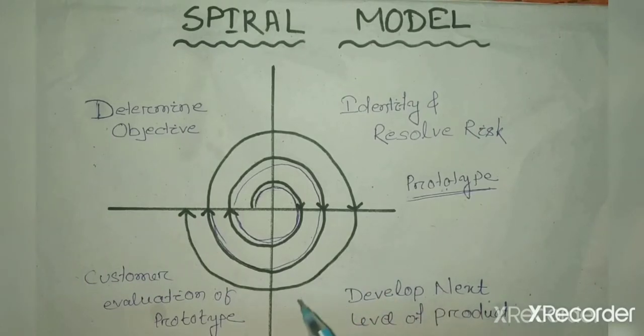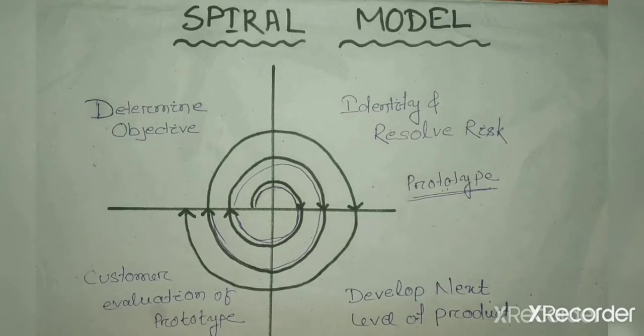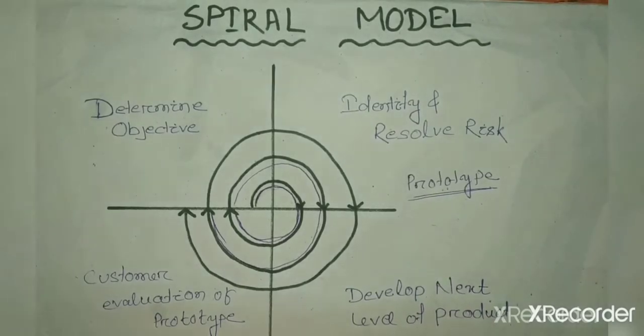And the software is given to the customer in the third quadrant. In the fourth quadrant, the customer evaluates the software and the feedback is given to the developer. And then again the developer plans according to the feedback of the customer.